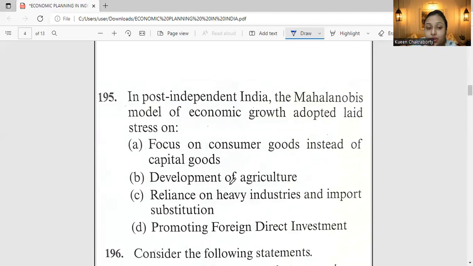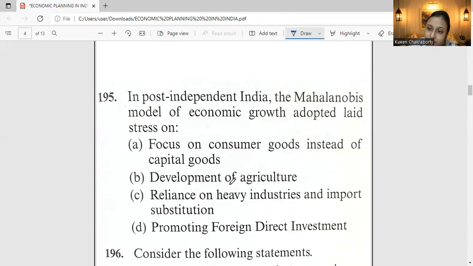The Mahalanobis model showed that investment in basic heavy industries is very essential to achieve a rapid long-term rate of growth. Right? So the pillars of Nehru Mahalanobis strategies were, firstly, high savings rate. Secondly, focus on heavy industries. Thirdly, protectionist policies and the public sector.